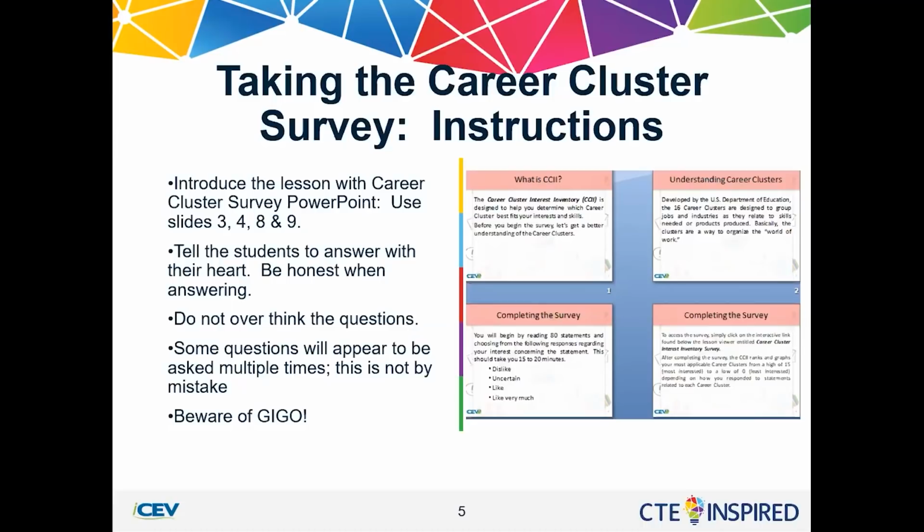I encourage my students to ask if they're not sure what a question is talking about. For example, the first question asks how you feel about managing a greenhouse or a nursery.